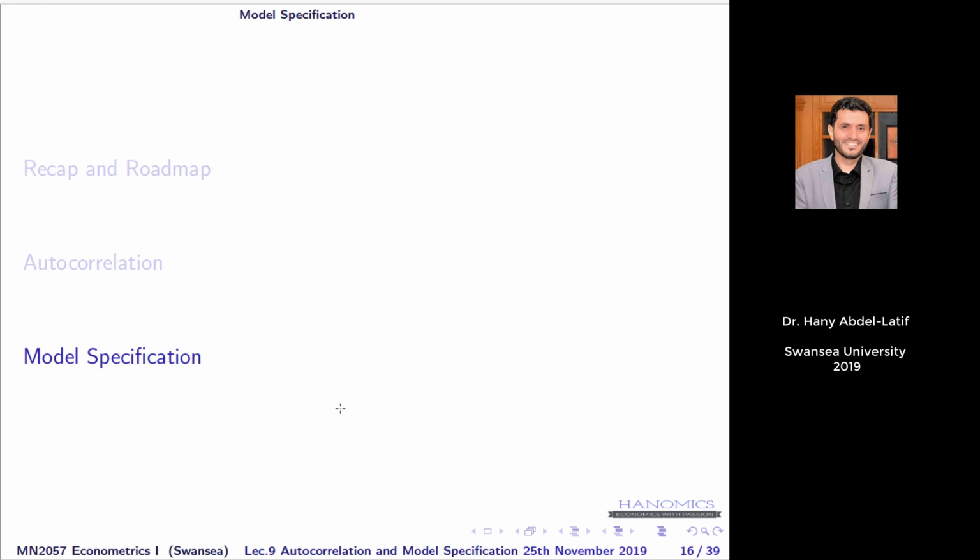How do you get D lower and D upper, the critical values? You need K, your number of regressors, excluding the constant. In our case, we had 3 regressors. You need K and the number of observations, then you go to the table and find D lower and D upper.